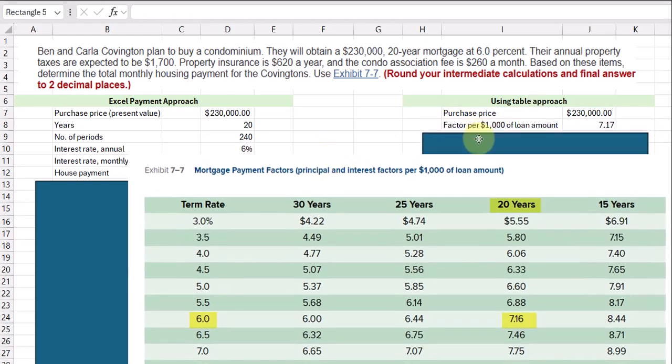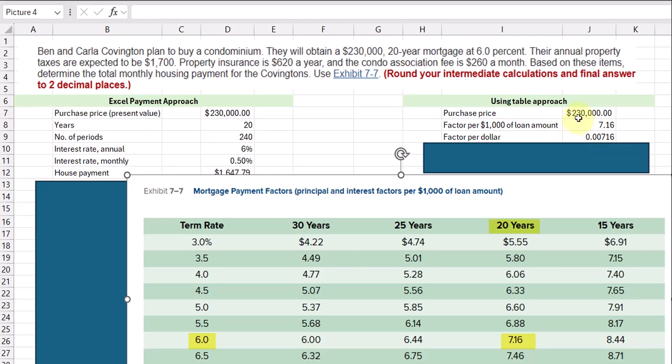So what we do is we say the factor per 1,000 is 7.16. I think I entered that incorrectly. 7.16. And then we divide that by 1,000, right, to come up with what the factor would be per dollar. You could do it this way, or you could leave it alone and divide the purchase price by 1,000.